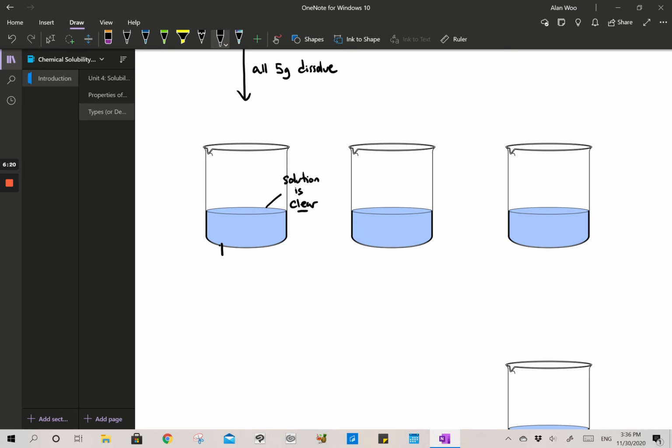If you dissolve all 5 grams, this solution can still dissolve 495 grams of solute. Therefore, we call it an unsaturated solution.